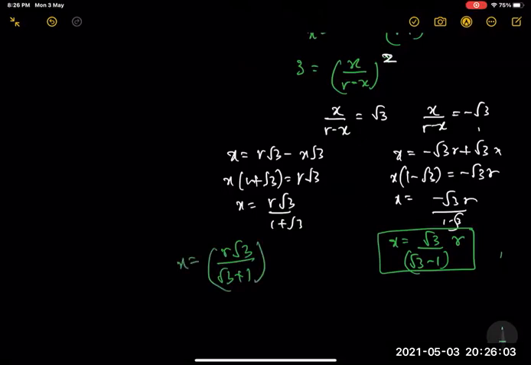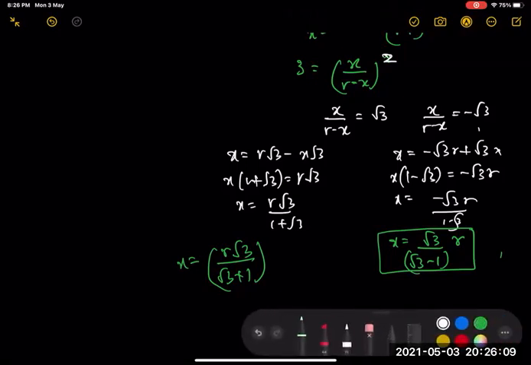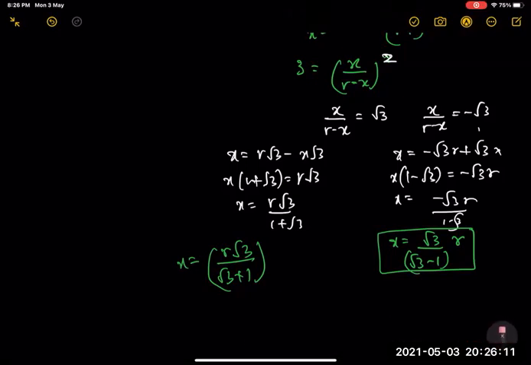So now tell me, see, if you think of this answer, listen carefully. Root 3 minus 1 is 1.73 minus 1, which is 0.73, right? If you see the denominator, it is 0.73, right? And the numerator is 1.73, correct?